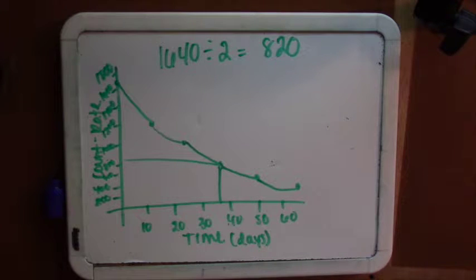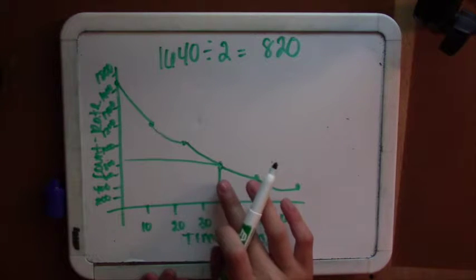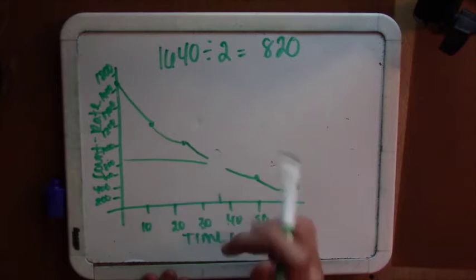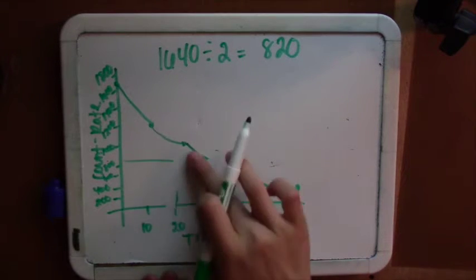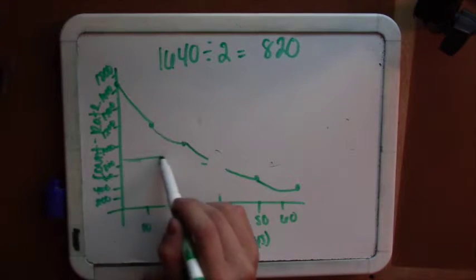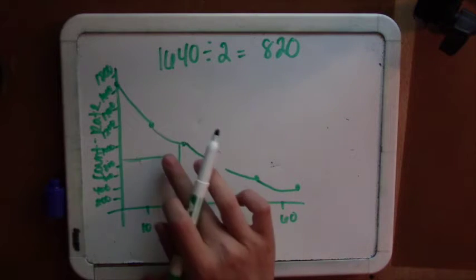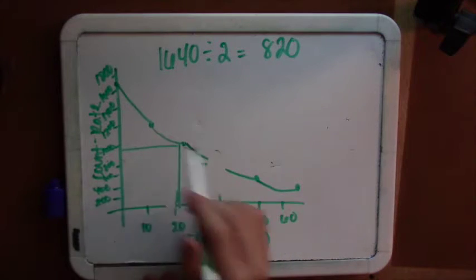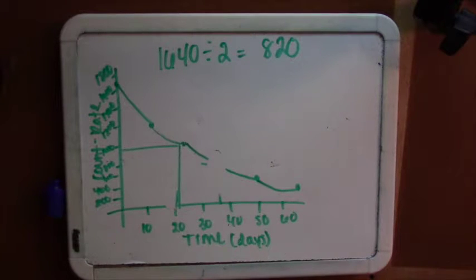And by doing that, you are able to read the half-life where the line crosses the time axis. So on our particular graph, the half-life is supposed to be 20 days, so more like here. If we were to redo this graph, because it's not the most accurate, it would be about here instead, so at 20 days.